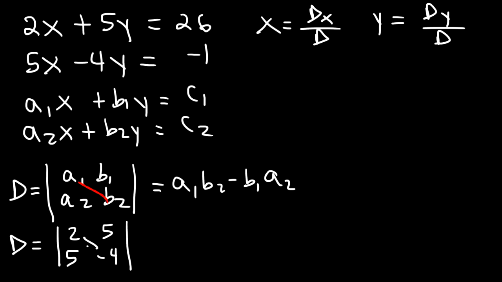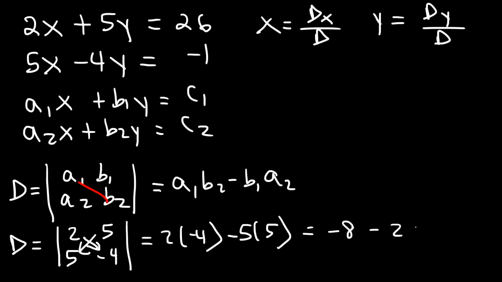So it's going to be 2 times negative 4, and then minus 5 times 5. Now, 2 times negative 4 is negative 8. 5 times 5 is 25. And negative 8 minus 25 is negative 33. So determinant D is negative 33. Now let's save that answer because we're going to use it later.